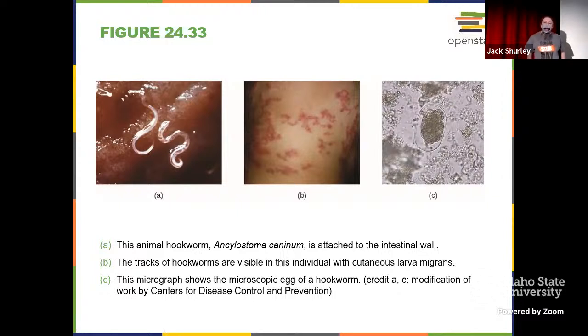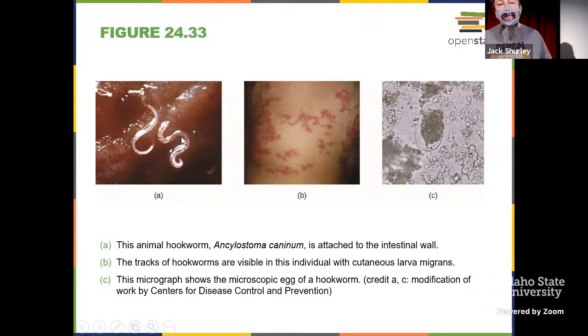This next one, there are a number of types of hookworms, all right? I'm kind of sad. This first one, Ancylostoma caninum, it's attached to an intestinal wall.